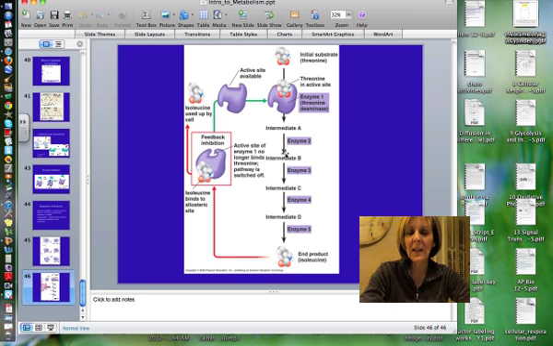Each one of these intermediate steps is going to have a specific enzyme that is going to catalyze that reaction. And very often, the product at the end of those multi-step chemical reactions is going to be the inhibitor for the initial enzyme in the pathway.